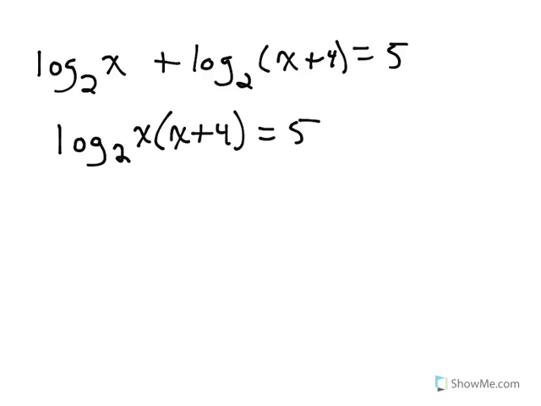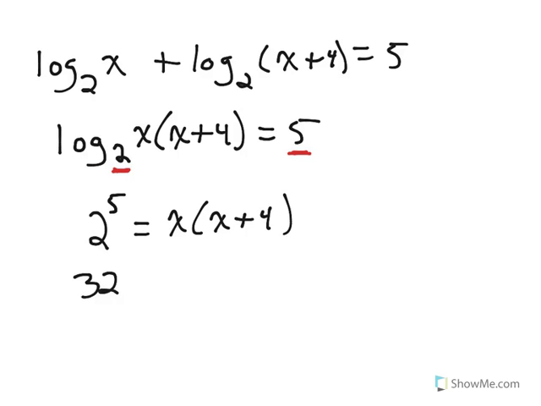Now that we have a single logarithm, let's rewrite it as an exponential equation. The base is 2 and the exponent is 5, so we write 2 to the 5th power equals x times x plus 4. 2 to the 5th power is 32.